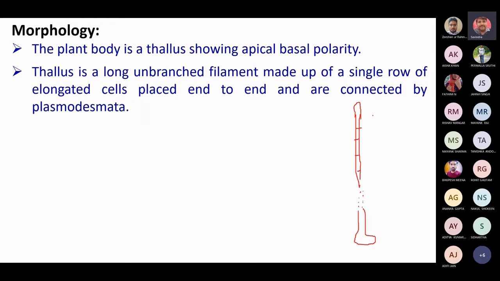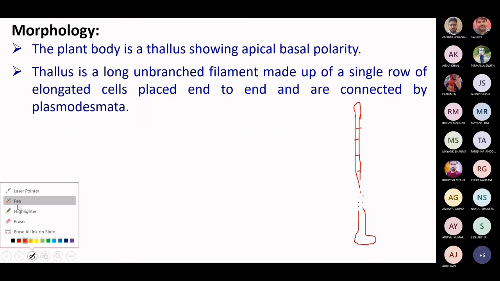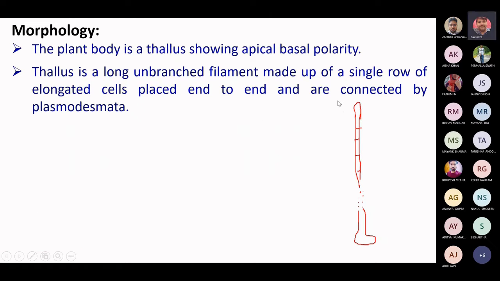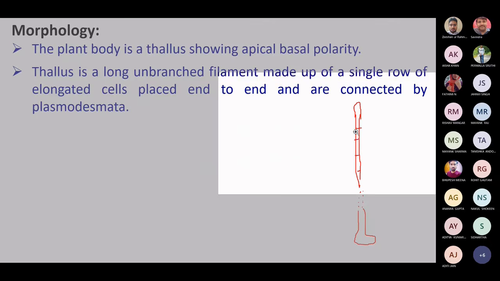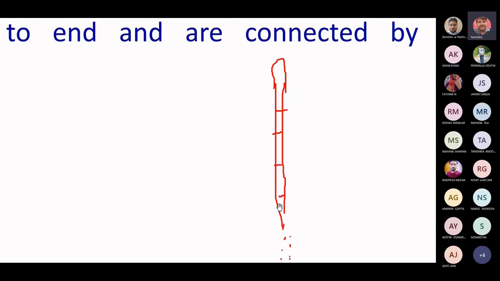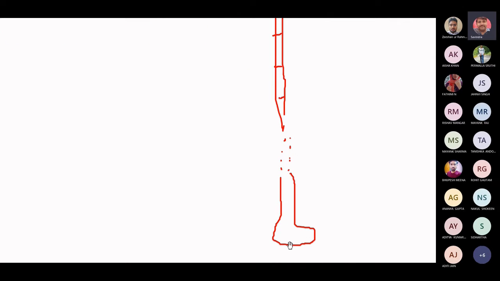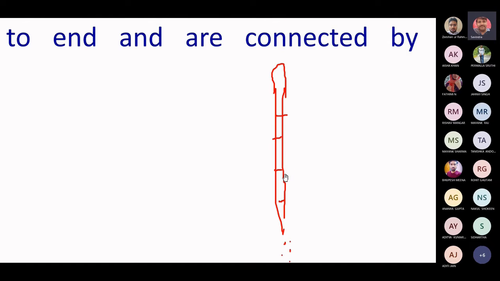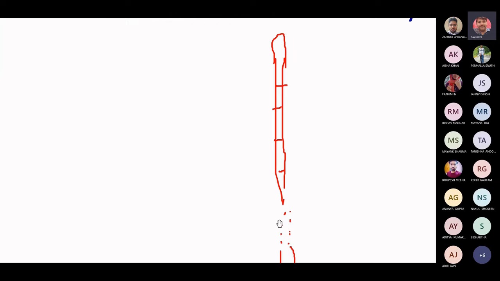Okay, you will see the actual structure, but I'm just trying to explain what is happening over here. On the topmost, you will see the apical cell, a dome-shaped apical cell. Then all the cells you will see in the single filament, and in the bottom you will find a holdfast. Okay, the structure is different. It is not as ugly as I have drawn it, and it's a long structure. That's why I use this dotted line over here.